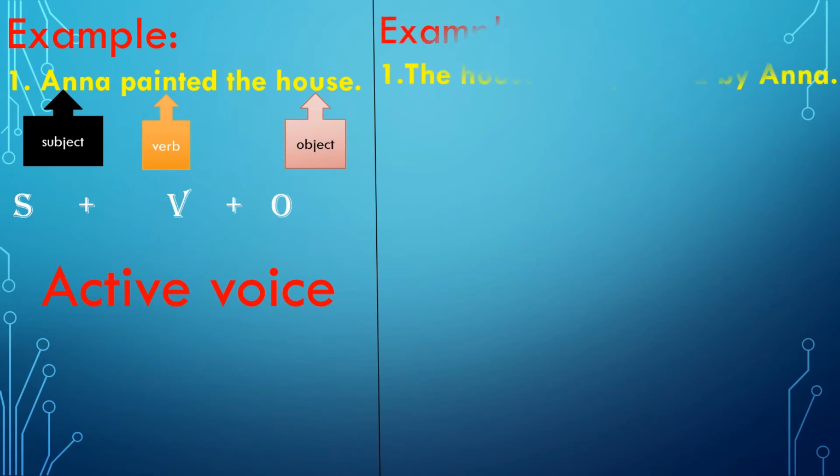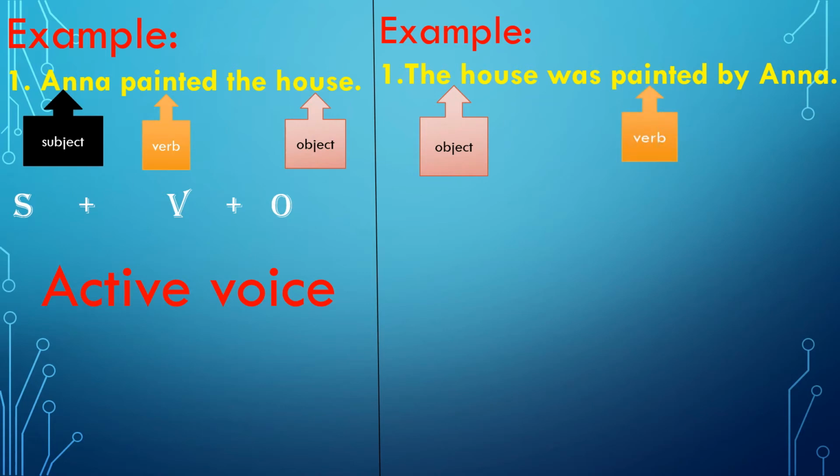Now, the same example in the other manner. The house was painted by Anna. Now, the object is the house. Verb is painted. And subject is Anna. So, object, verb, and subject. It is vice versa.